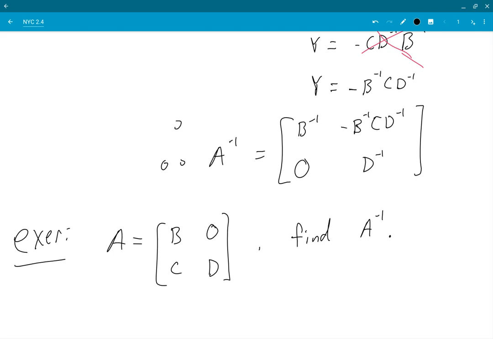I want you to find A inverse. Similar assumptions. B, C, D are all square matrices and invertible. So pause, copy, give it a try.